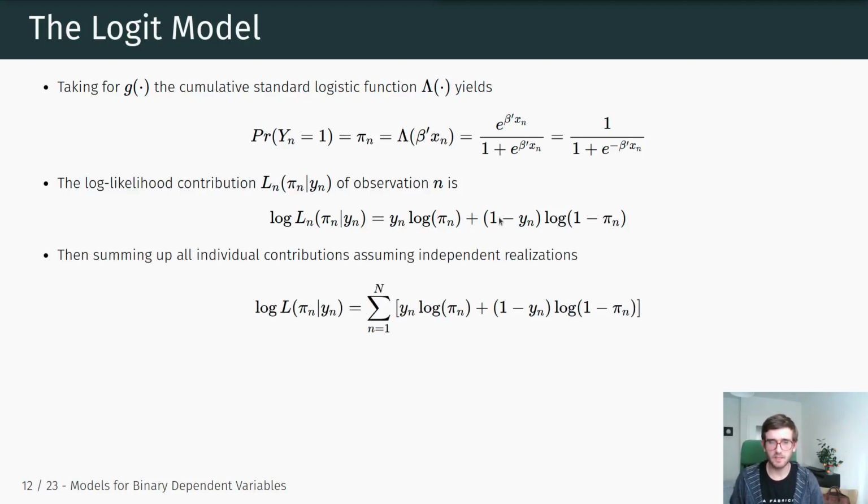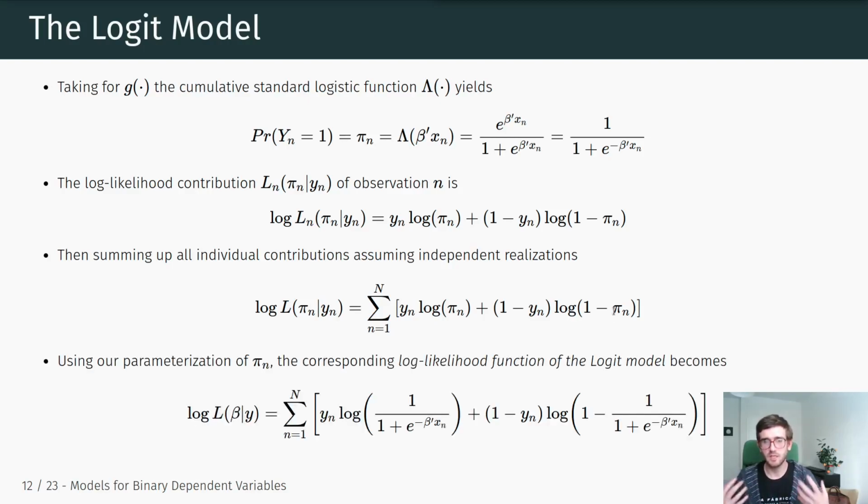Of course, to compute the overall log likelihood function, we have to sum up all individual contributions by assuming independent realizations. This is the basic IID assumption that we talked about, and then we have our sum from n equals 1 through n of all these individual log likelihood contributions.